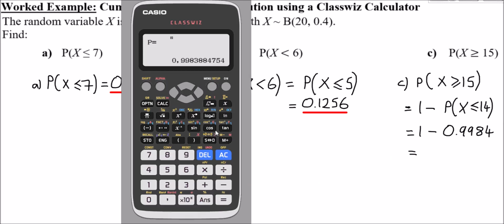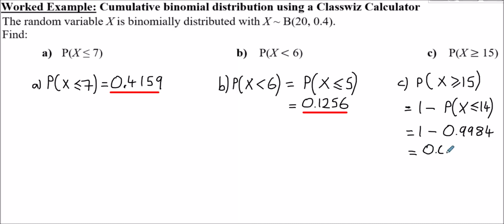Now press AC, go to menu, go back to normal mode for normal calculations. 1 minus 0.9984 gives us approximately 0.0016 to 4 decimal places.